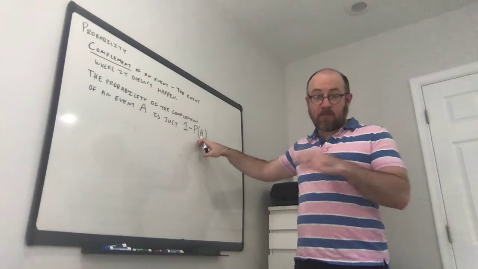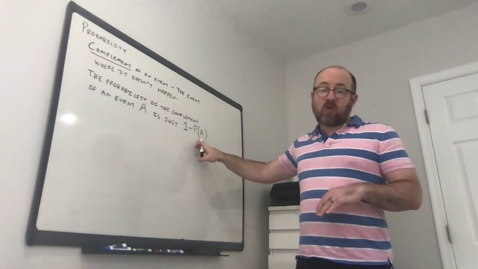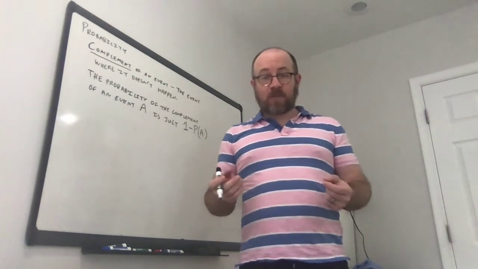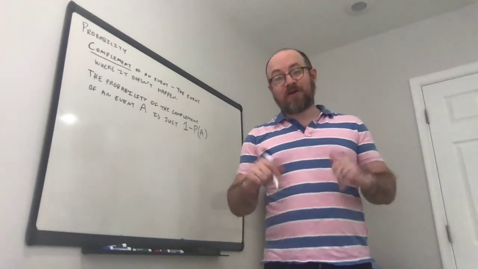P of A just means the probability of A. So if you want the probability that something doesn't occur, you just subtract it from 1 or from 100%.